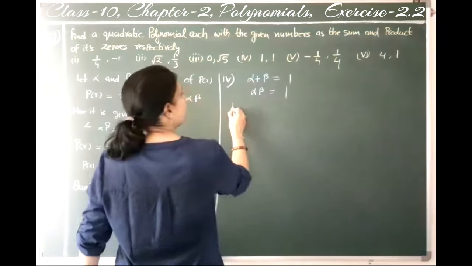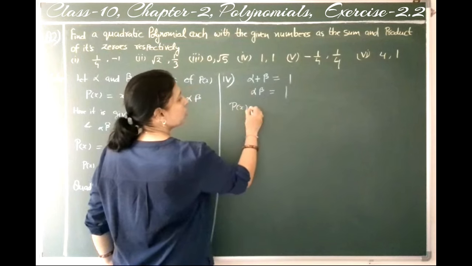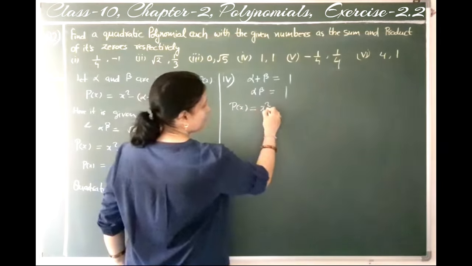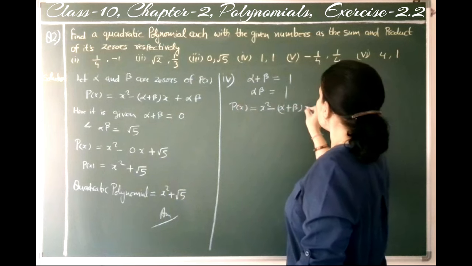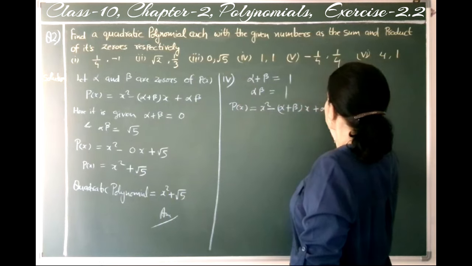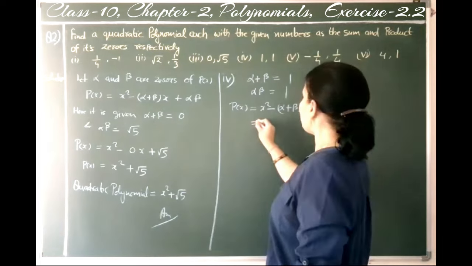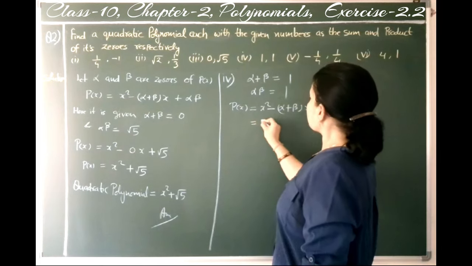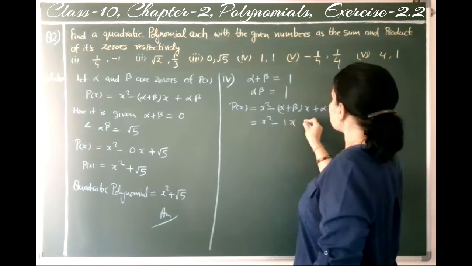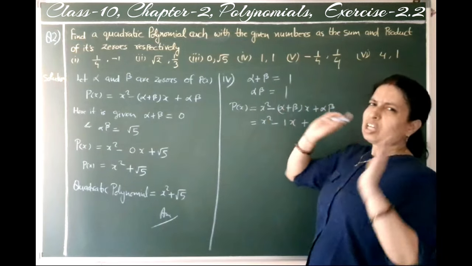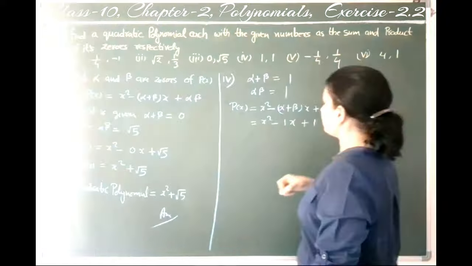So we can write p(x) = x² - (alpha + beta)x + alpha beta. Now put the values, we get x², alpha plus beta is 1, so 1x, and alpha beta is also 1, so write here 1.